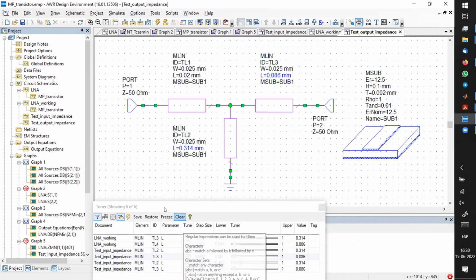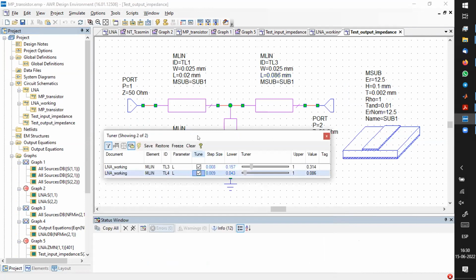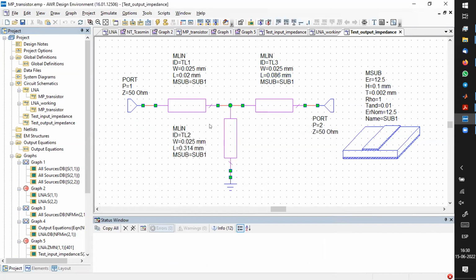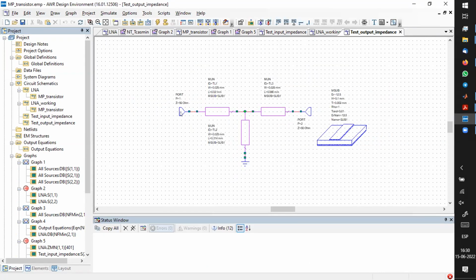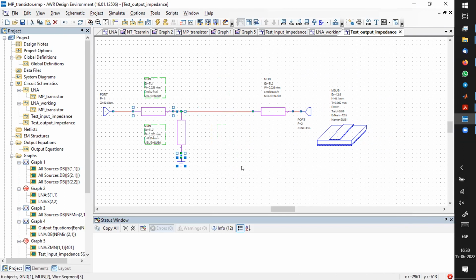Yeah, you can maybe freeze down the input. I think you need to go to the LNA working, right? But we are doing the same.